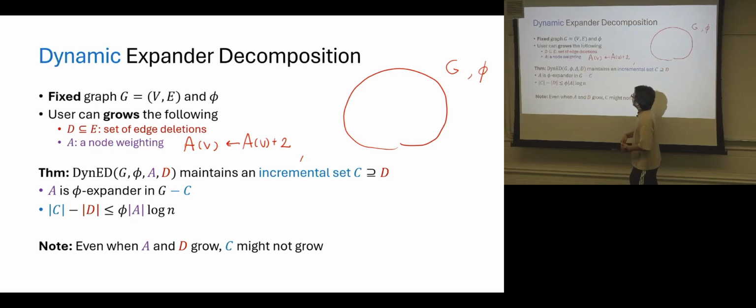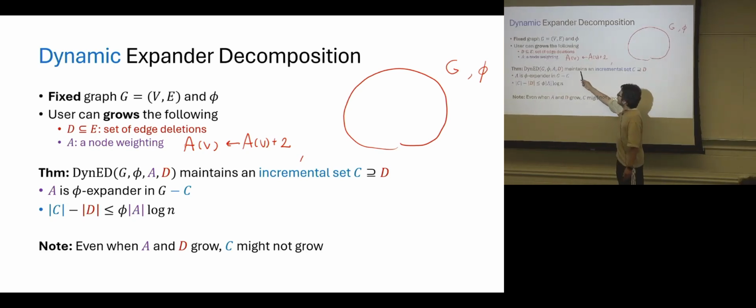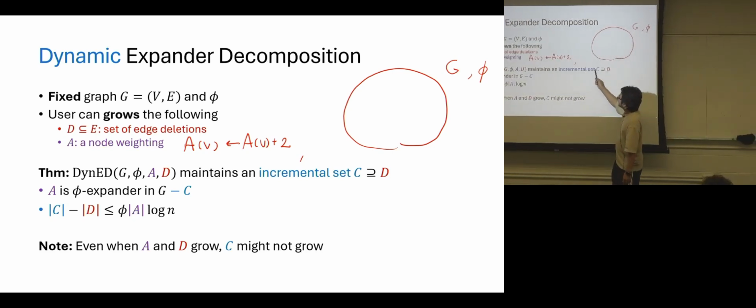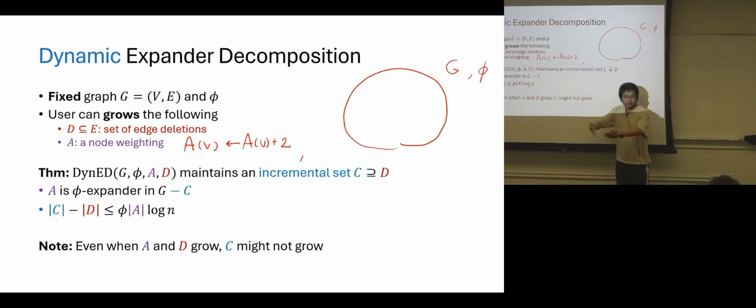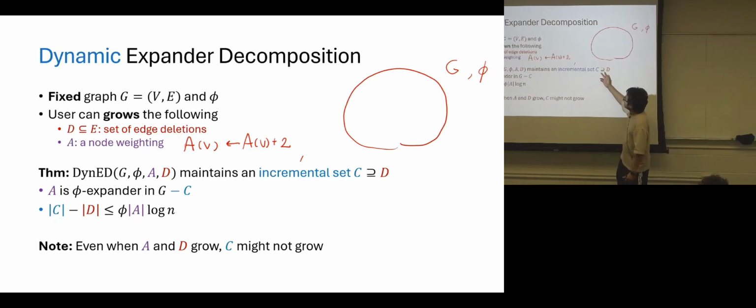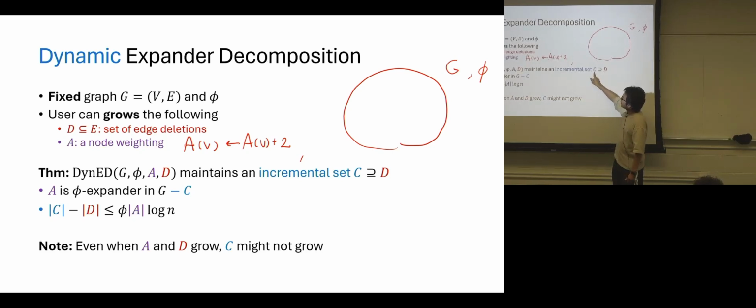And we want to maintain an incremental set C, meaning that this set C only grows as well. And I require that the set C always contains D.